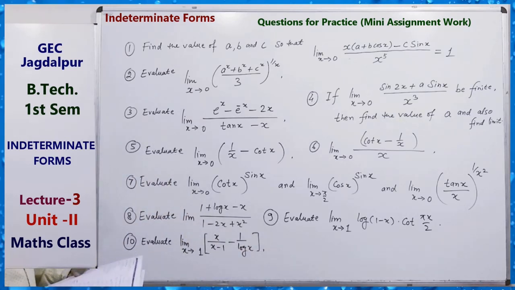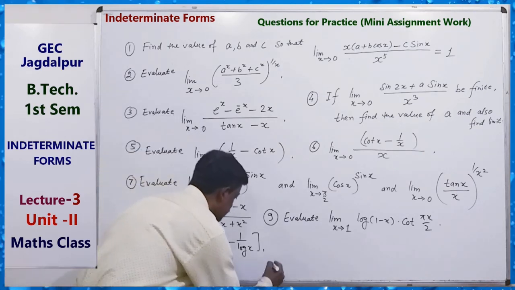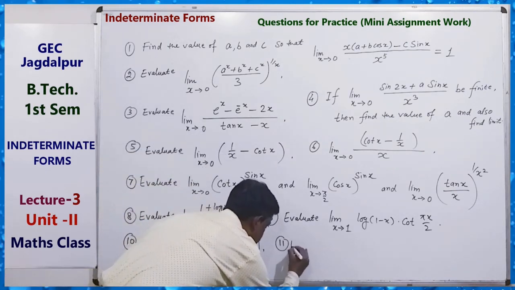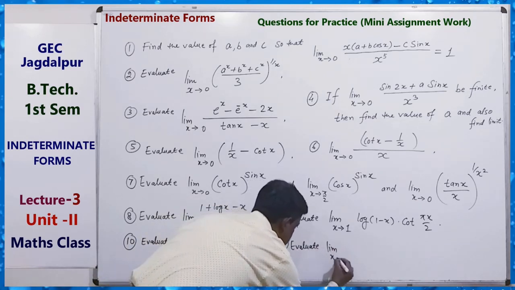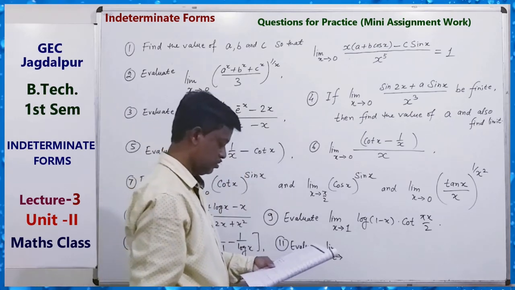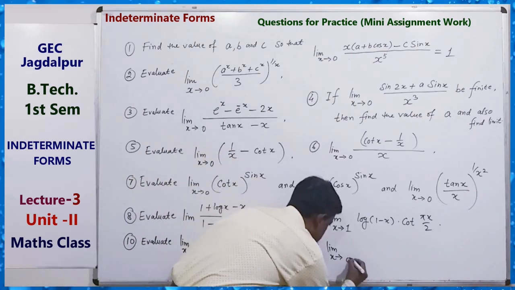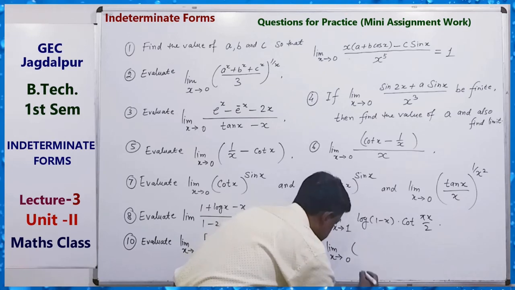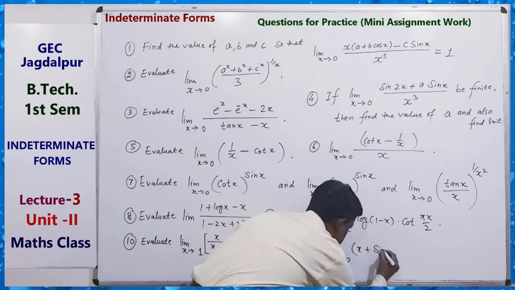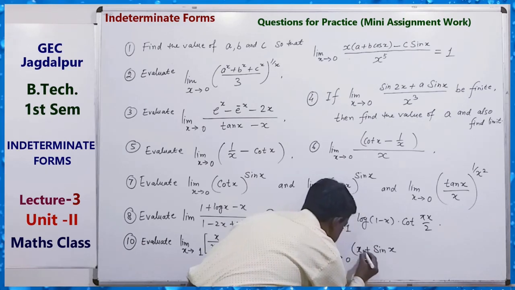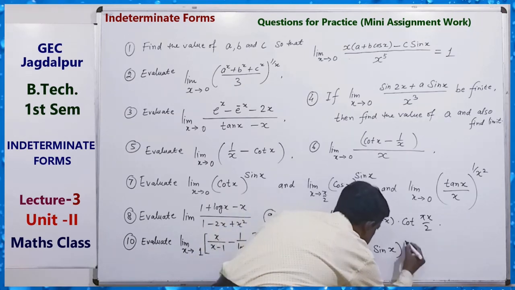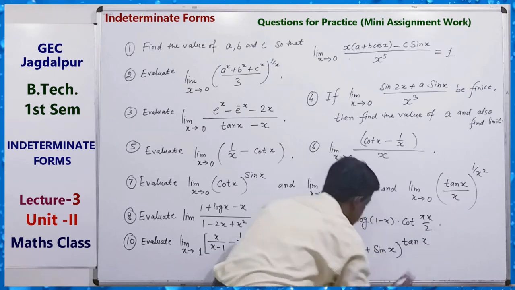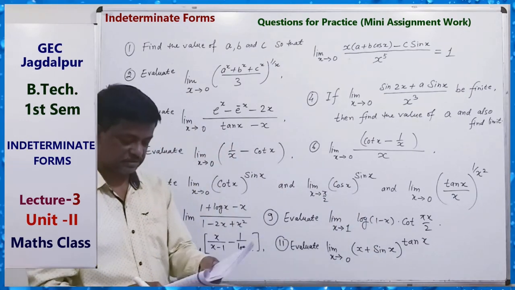And 11, evaluate the limit as x tending to 0 of (x plus sin x) for tan x. Okay.